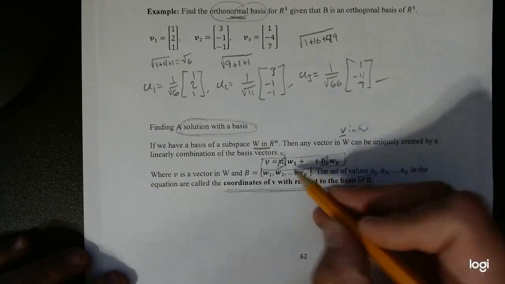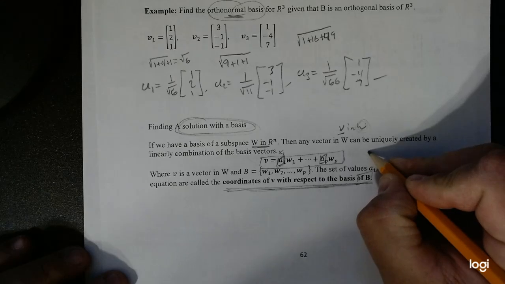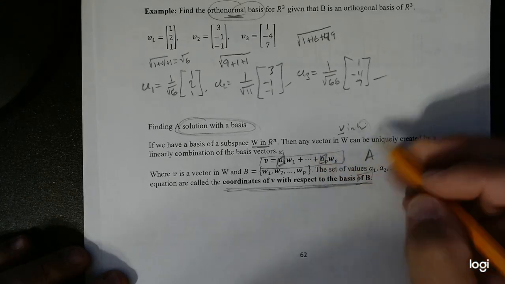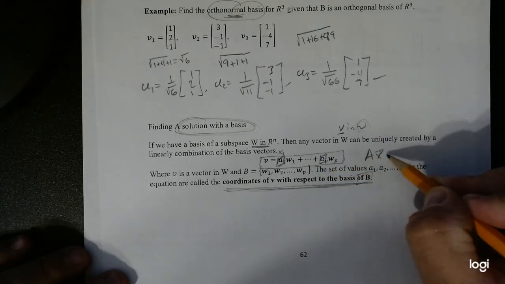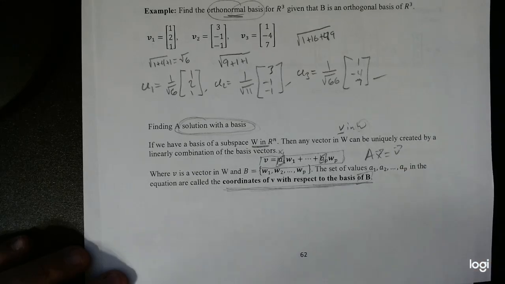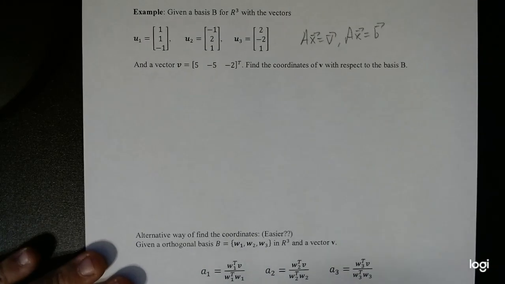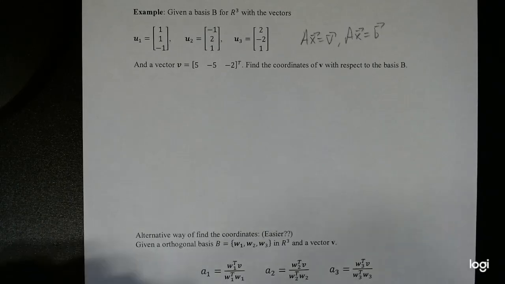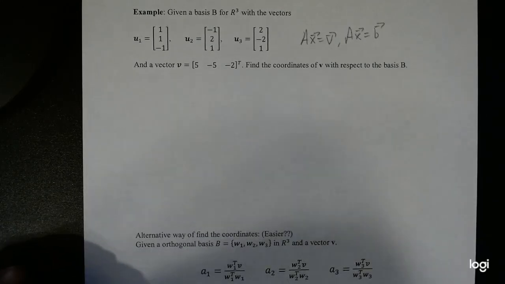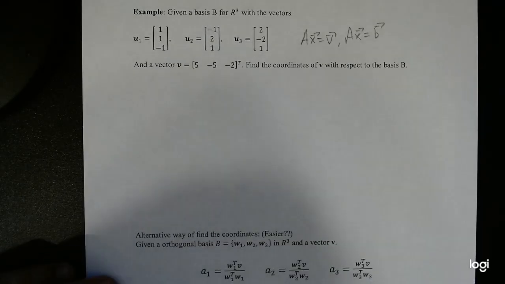These W's, 1, 2, 3, 4, are the actual matrix A, and these coefficients you can call X, the vector, equals V. It's the same process. We're just using different ways of describing it, but it's nothing really brand new. It's the same old stuff we've been doing over and over again.